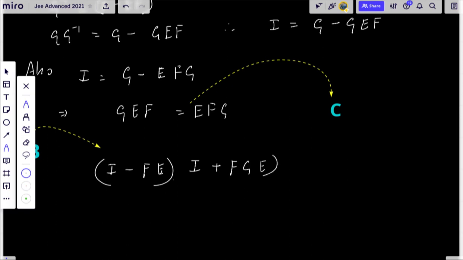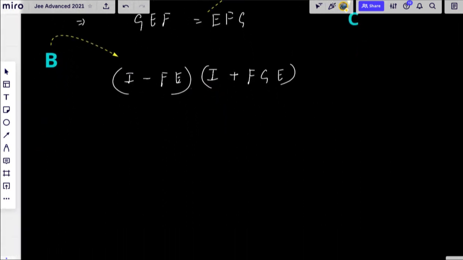Now the idea is that we say I minus EF implies I minus FE, plus FGE.